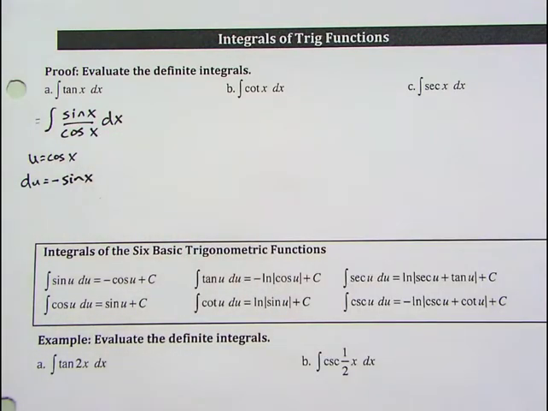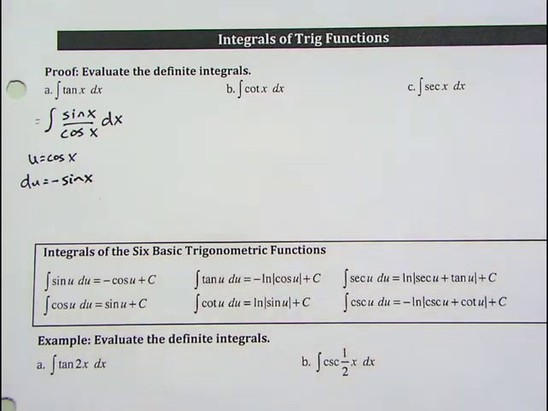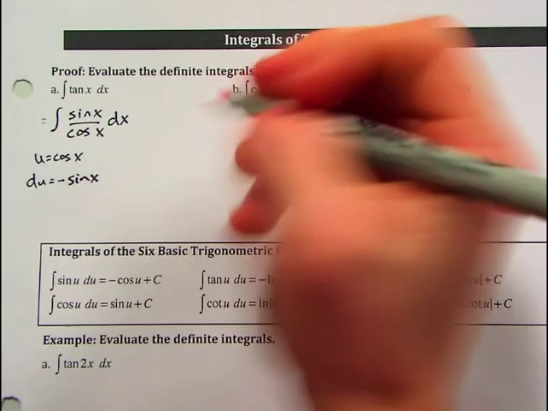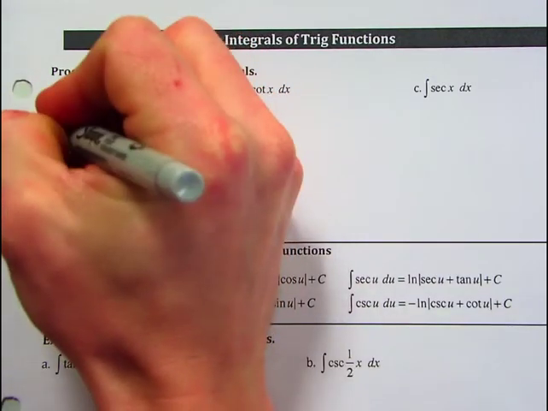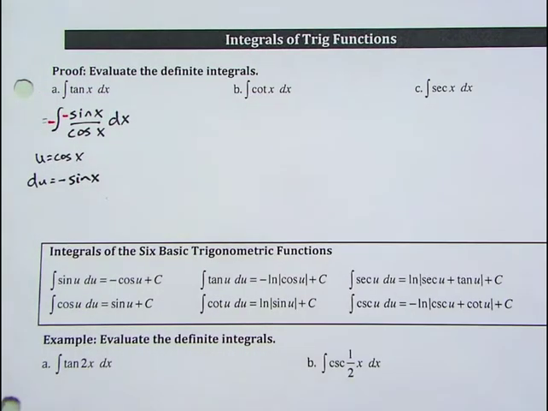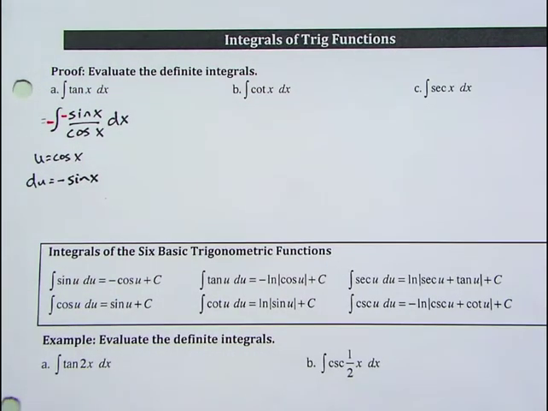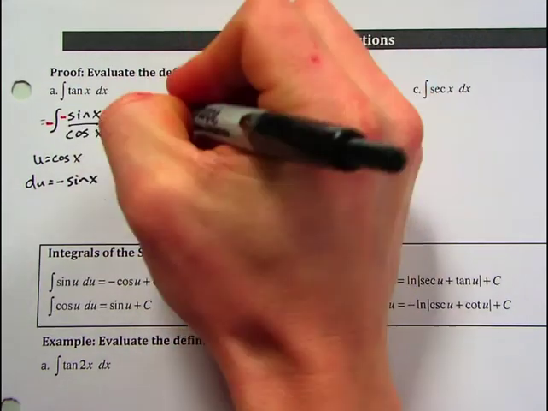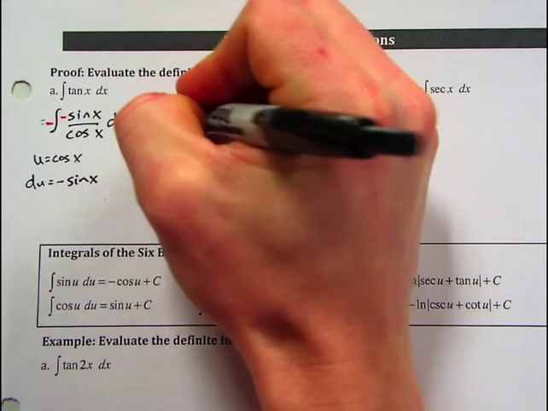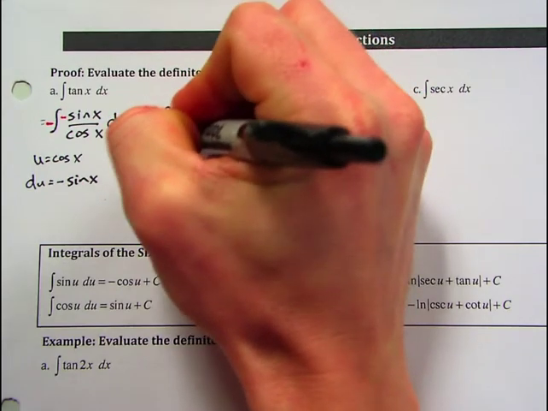All we're missing is the negative. So we're going to put this negative inside, and we're going to put the negative outside as well. So now you can see that we have negative integral of u prime over u.